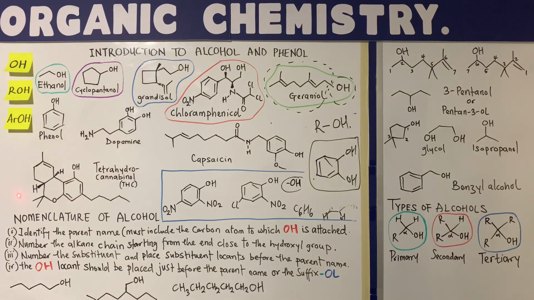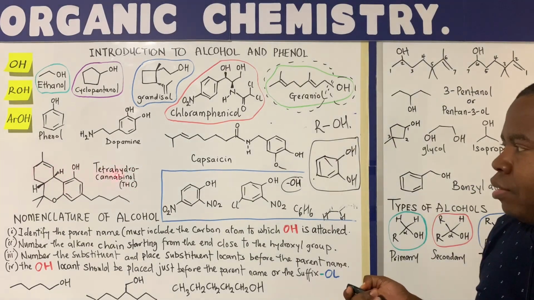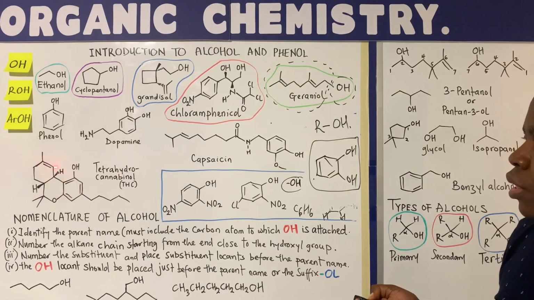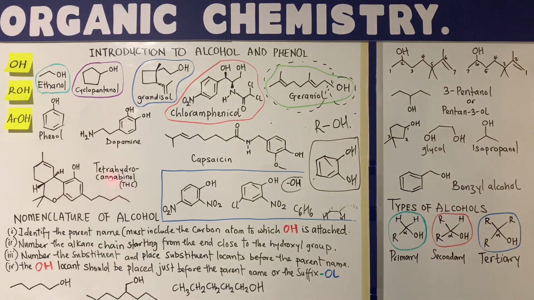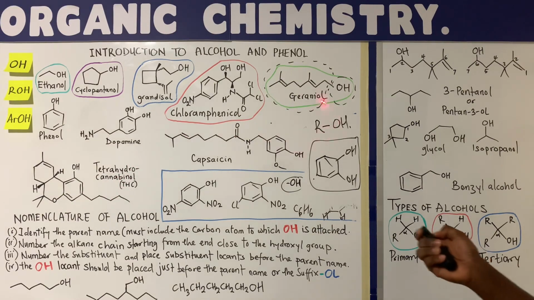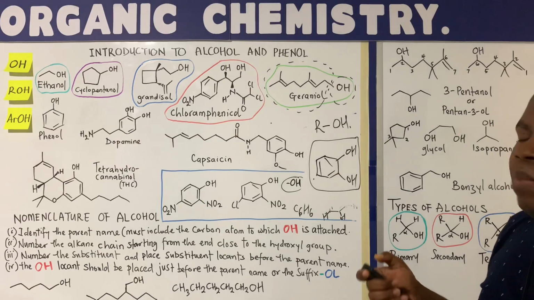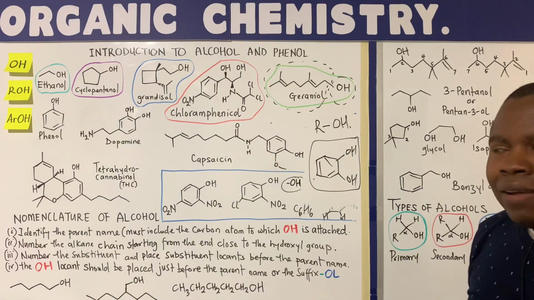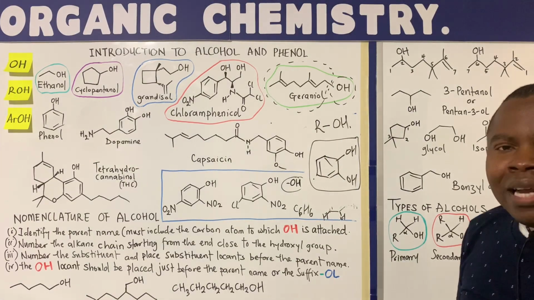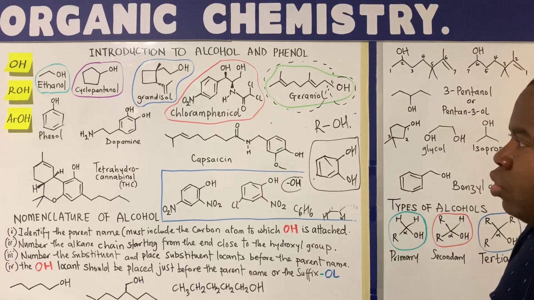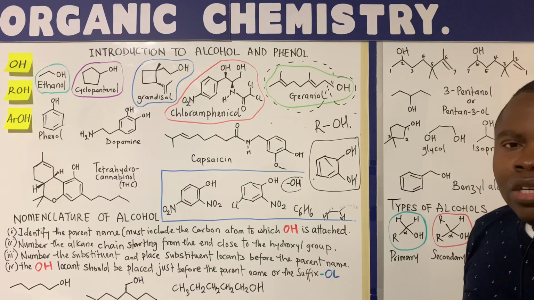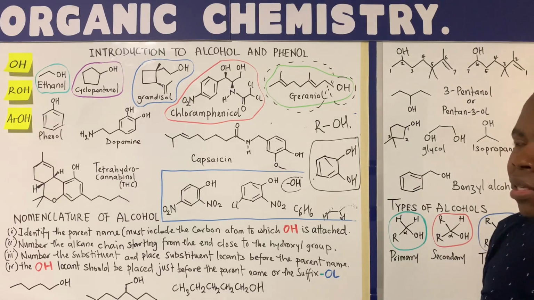This compound has been found to be the psychoactive drug in marijuana. It's also a natural product, and as you can see, all these compounds are alcohols among a plethora of alcohols that we have in nature, in both plants and animals. We have a lot of alcohols. So the study of alcohols and phenol is worthwhile.